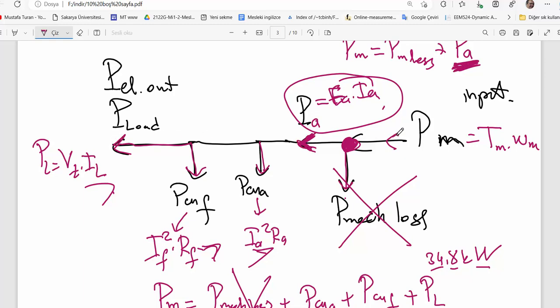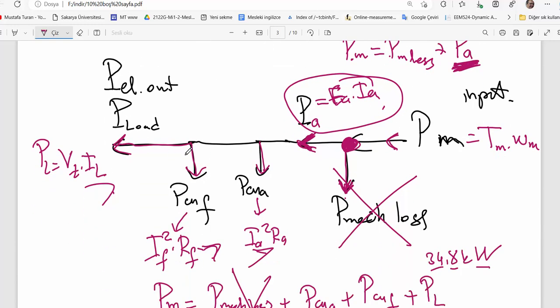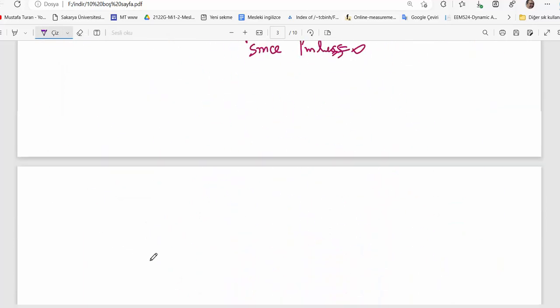You should know whether this guy is minus or plus. For example, let's talk about a motor.